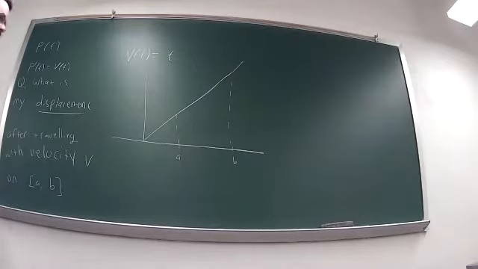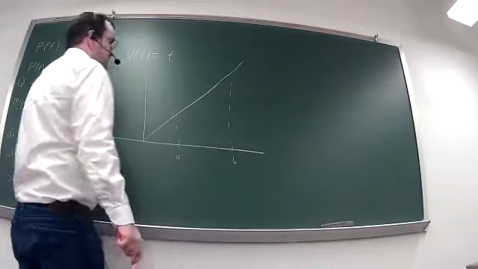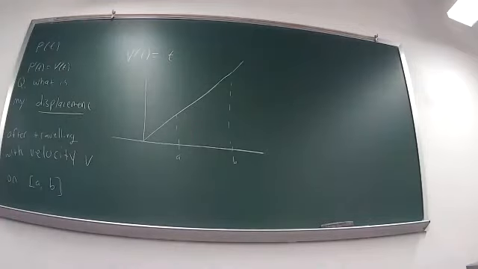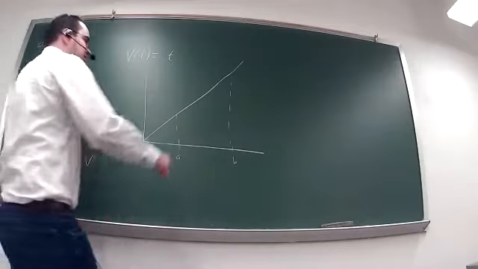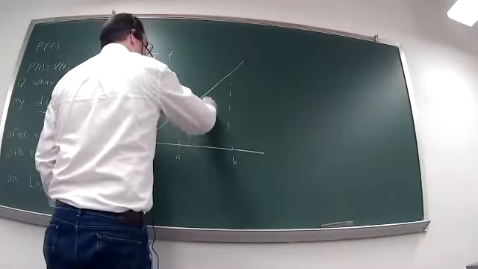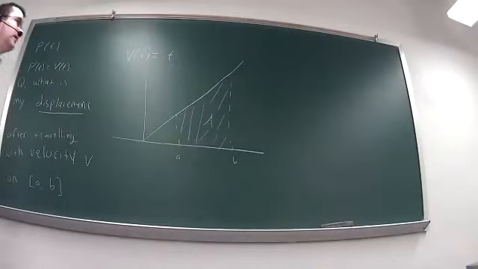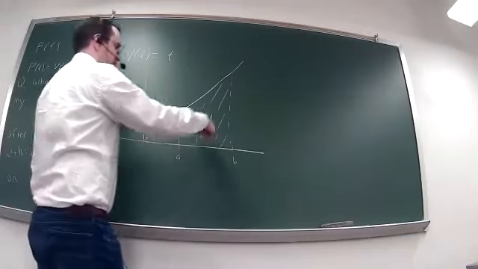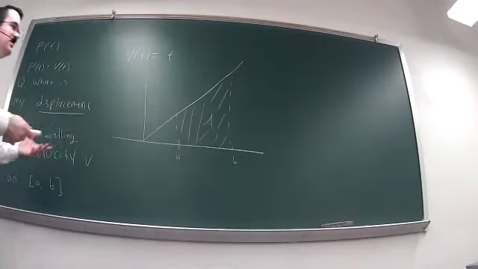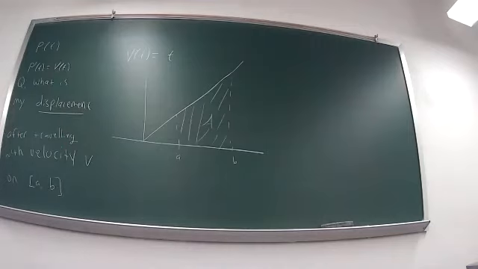And we used that to partition A to B into subintervals, and to realize that the total distance traveled is actually this area under the curve. And this is all for positive velocity, but if the velocity went negative for a while, then your displacement would of course be the distance that you traveled in the forward direction minus the distance you traveled in the negative direction. So more generally, your displacement would be the signed area under the curve.